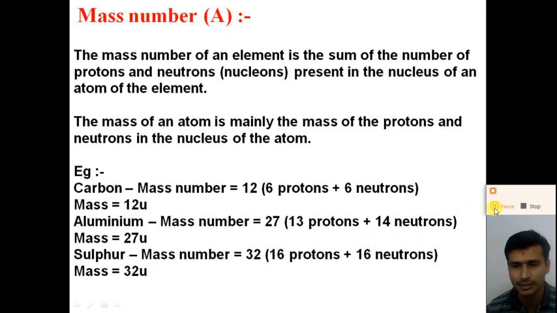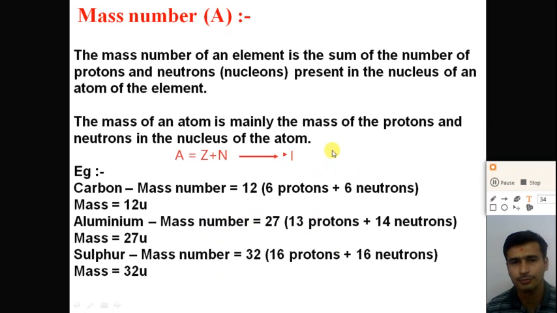Understand what we mean by the mass number? The mass number of an element is the total number of protons and neutrons present in the nucleus, right? We can write it like this: capital A is equal to Z plus N. So if you want to calculate the number of neutrons present in the nucleus, the number of neutrons N is equal to capital A minus Z. Here N is the number of neutrons, A is the mass number and Z is the atomic number, that is the number of protons.